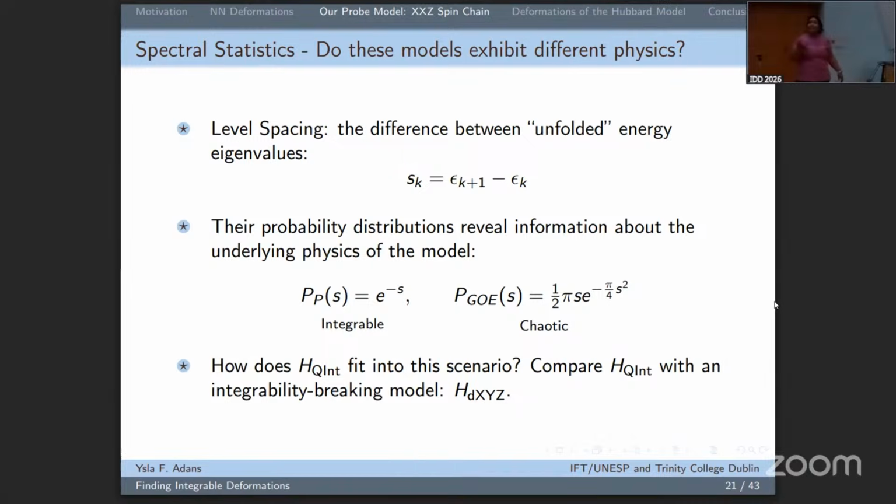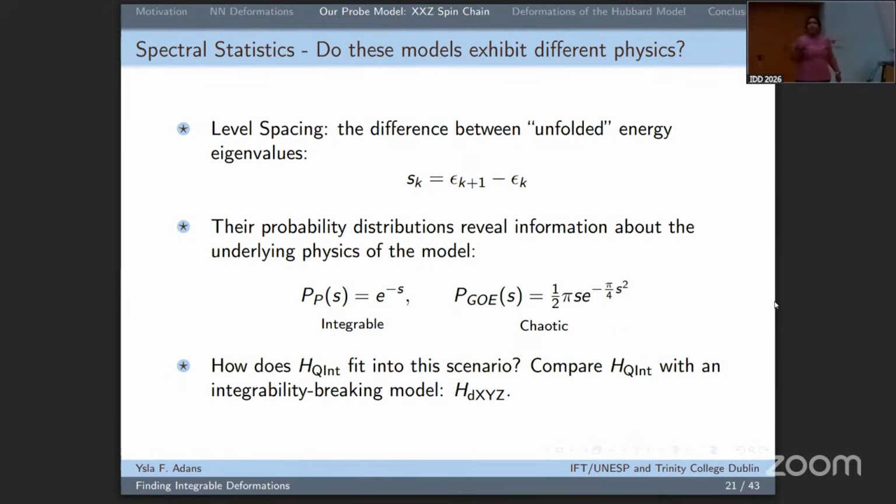I'm going to compute the level spacing, that is, the difference between energy eigenvalues for this quasi-integrable model. And as Saskia told you before, if you can fit this to a Poisson distribution, you usually get integrable models. If it's something else like the Wigner-Dyson distribution, you get something chaotic.